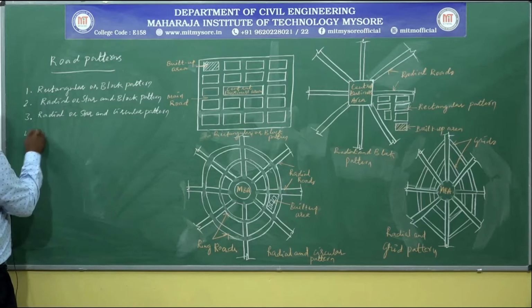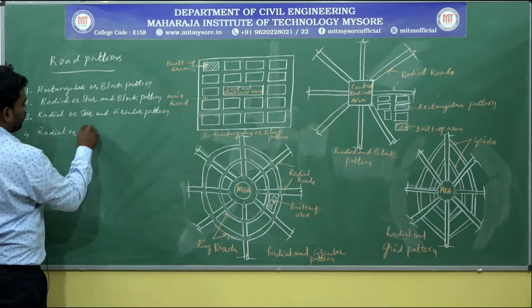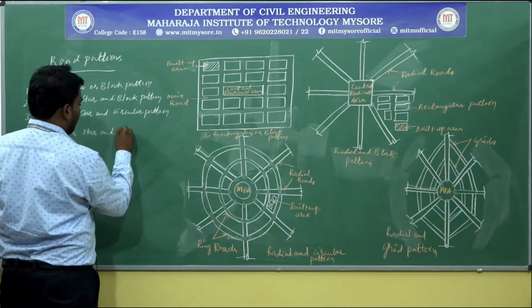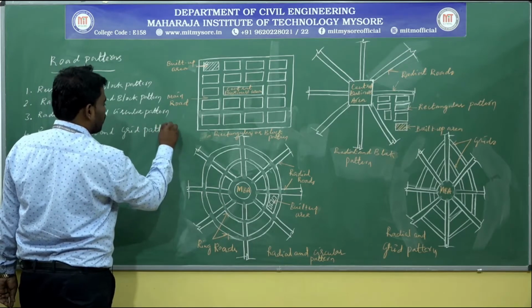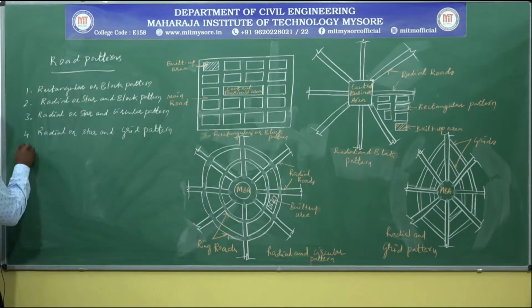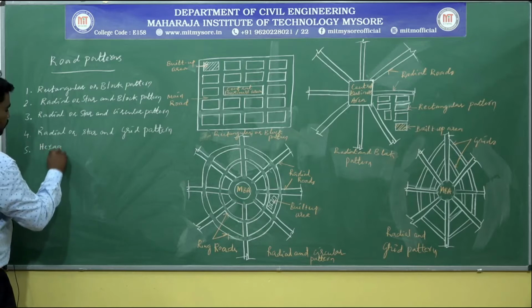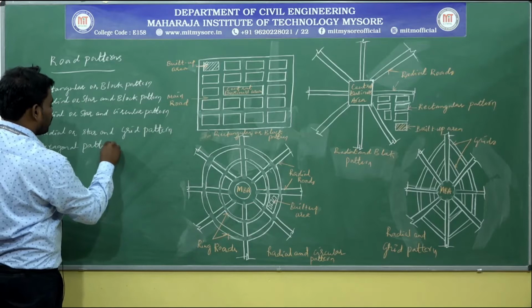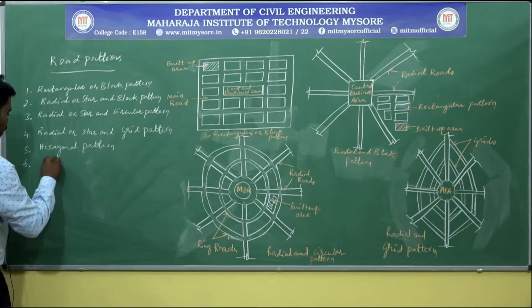Number 4, it is radial or star and grid pattern. Number 5, it is hexagonal pattern. And number 6, it is minimum travel pattern.